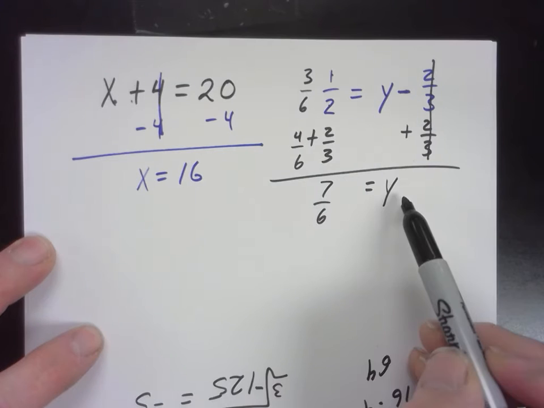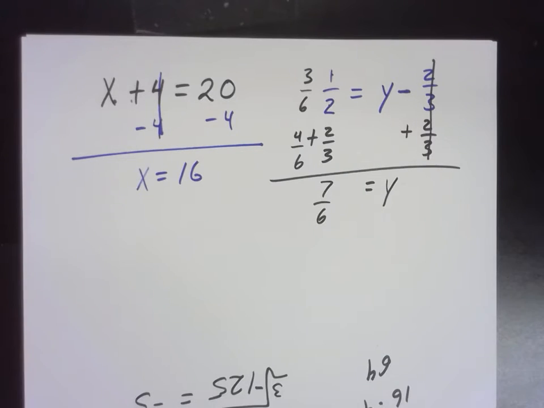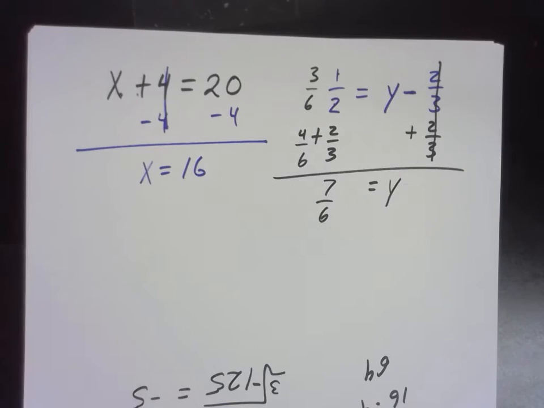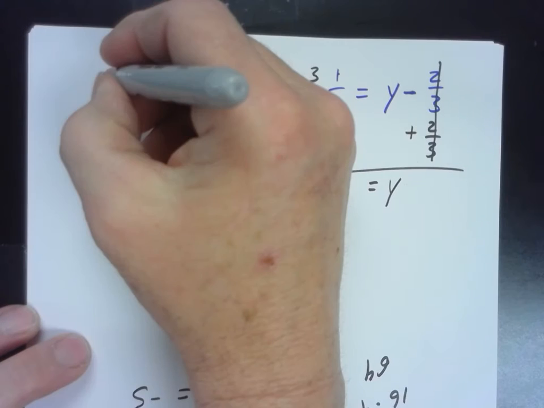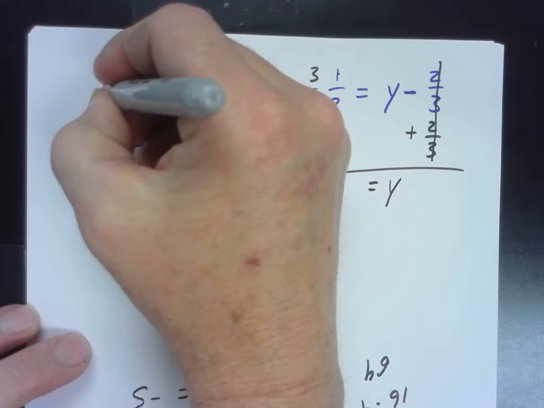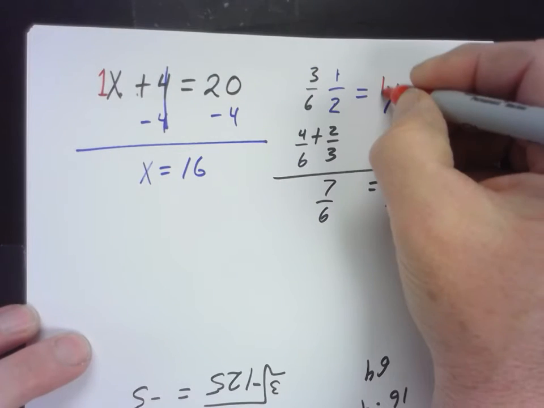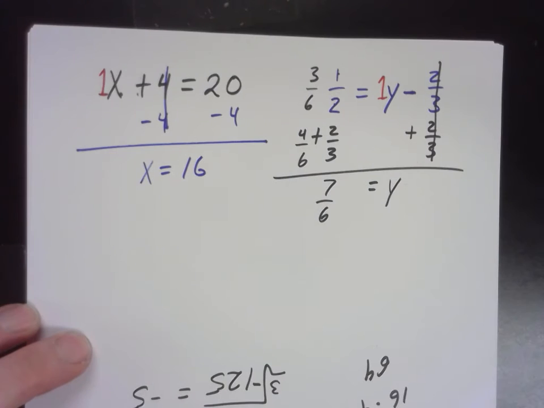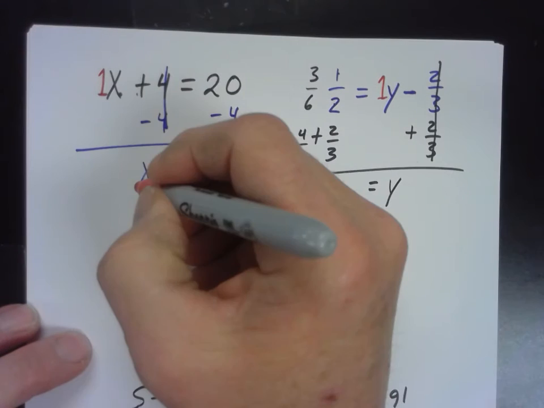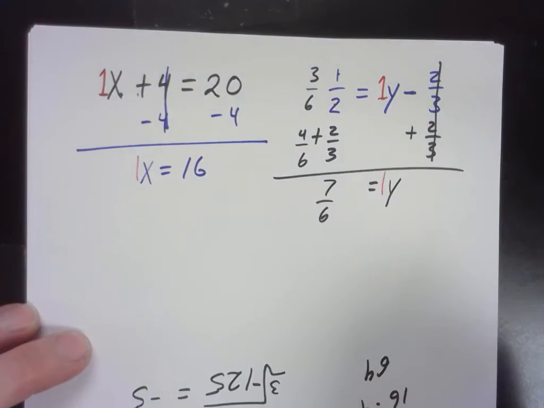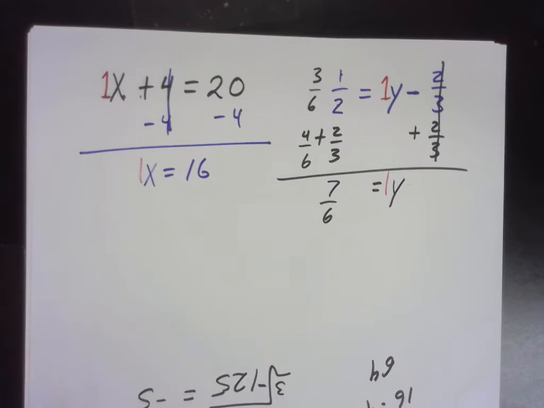Okay? Now, today we're going to look at different type of equations. Notice, you guys notice on every one we've done so far, what has been the coefficient of the variable? It's been 1 every time, hasn't it? We haven't even worried about it. We haven't even been writing it down. Okay? But it's not always 1. In fact, it's rarely 1.